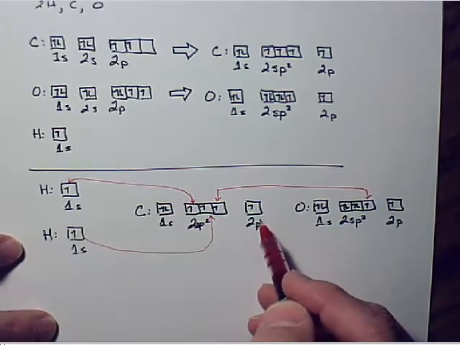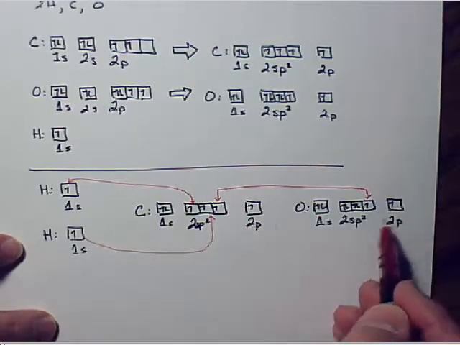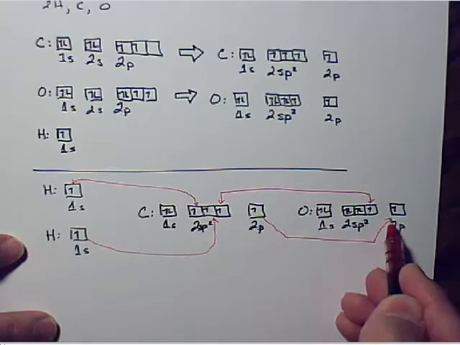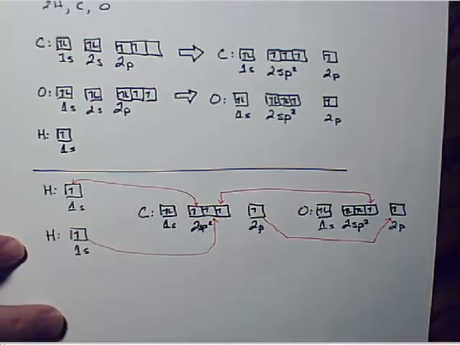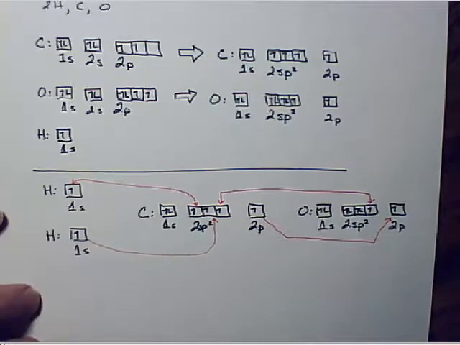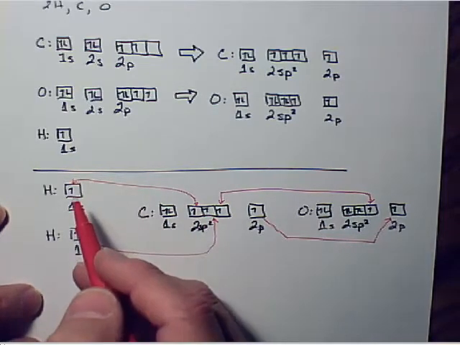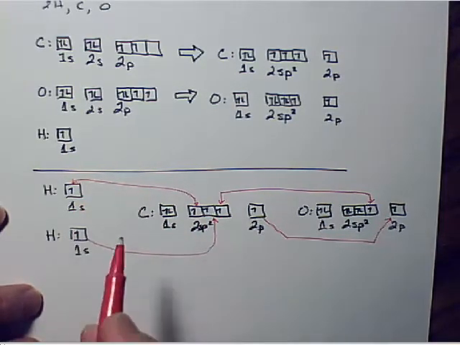But this orbital here, the p orbital that I didn't hybridize, when they share electrons, that's not going to be a sigma bond. That's going to be a pi bond. Okay? So all of these right here are going to form sigma bonds.